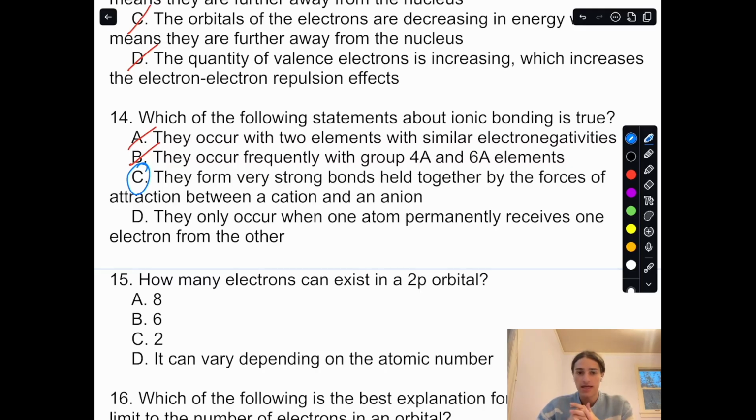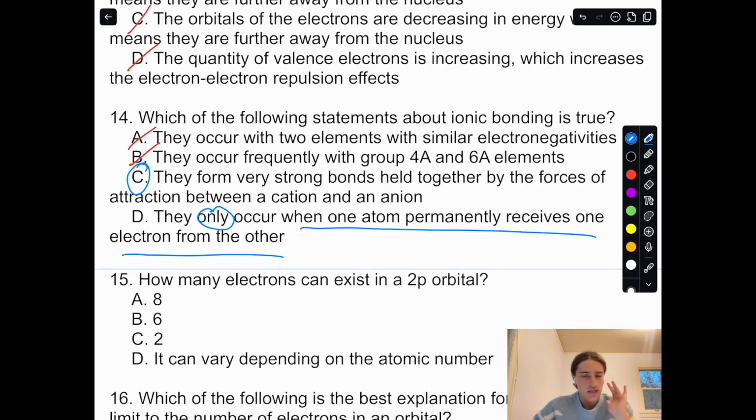And then D, they only occur when one atom permanently receives one electron from the other. So this is a classic deceptive answer choice tactic where it says something that seems totally correct. It's like, yeah, that is ionic bonding. It's when one atom permanently gets an electron from the other. But whenever you see a word like only, you should immediately have a little red flag raised in your head.